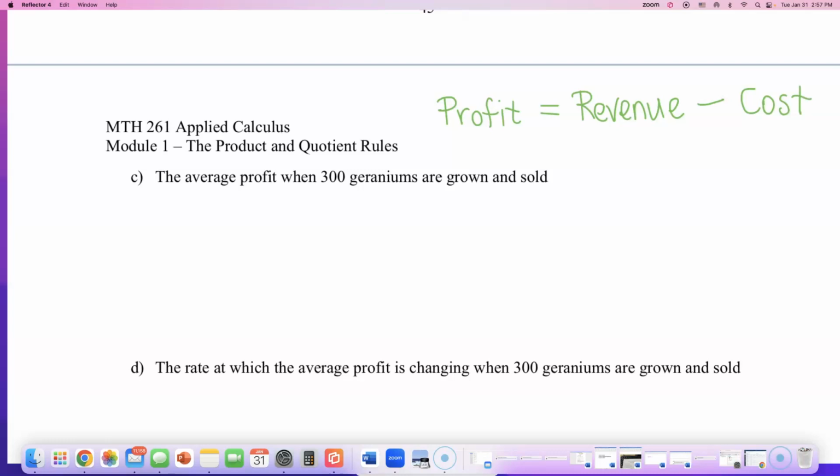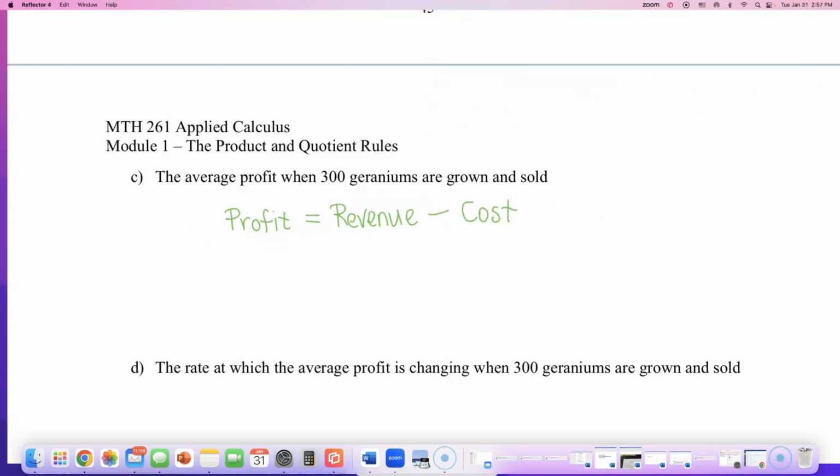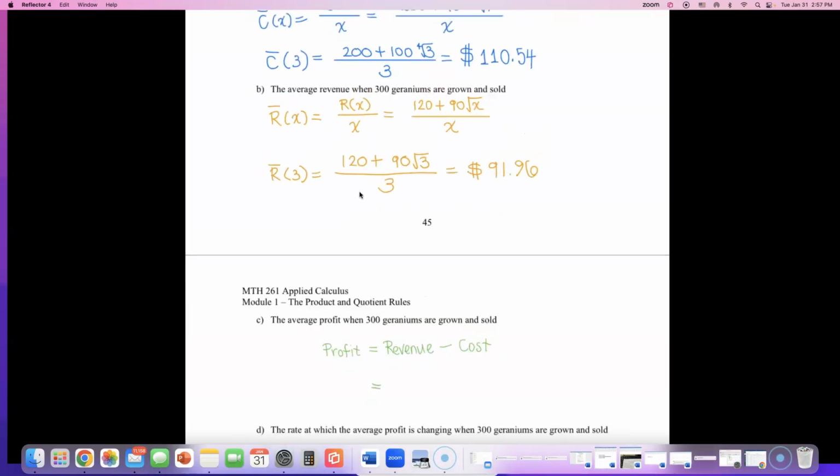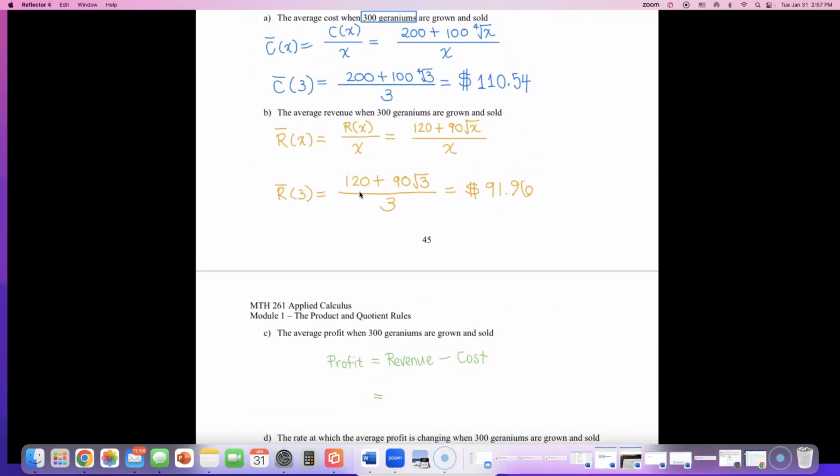Okay. So we have those numbers already. And we're talking about that same 300 geraniums. So let's find the average profit by subtracting the two numbers that we got. I guess we can subtract the functions and do it the longer way, but we don't really have to. So what was the revenue? $91.96.